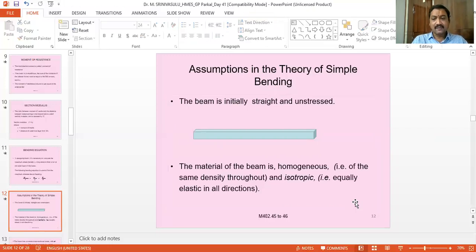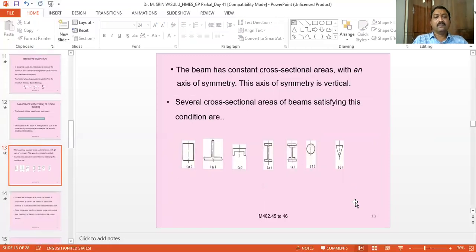Now coming to the third assumption. The beam has constant cross-section area with an axis of symmetry. Generally the axis of symmetry is vertical. That means the cross section of the beam must have a symmetrical axis.